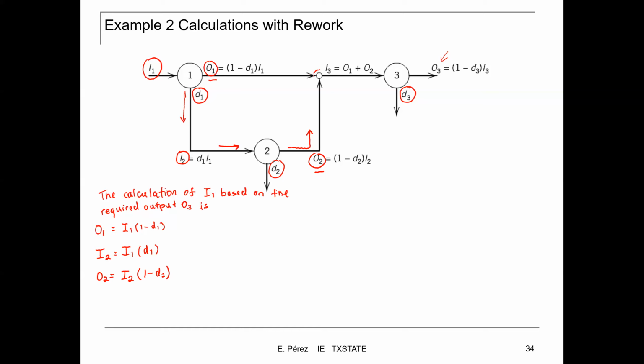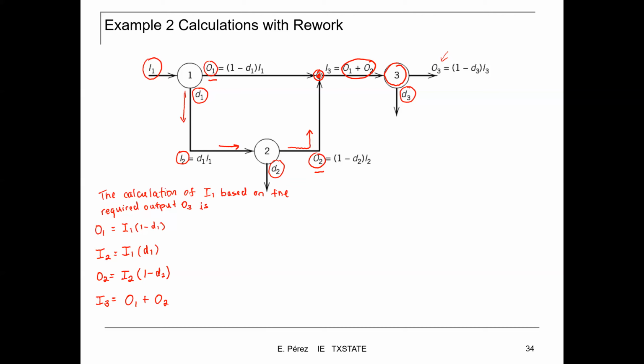So at this point, this node is going to receive both O1 and O2. So the input of 3 is going to be the summation of those two. Okay, so I3 is going to be equal to O1 plus O2.